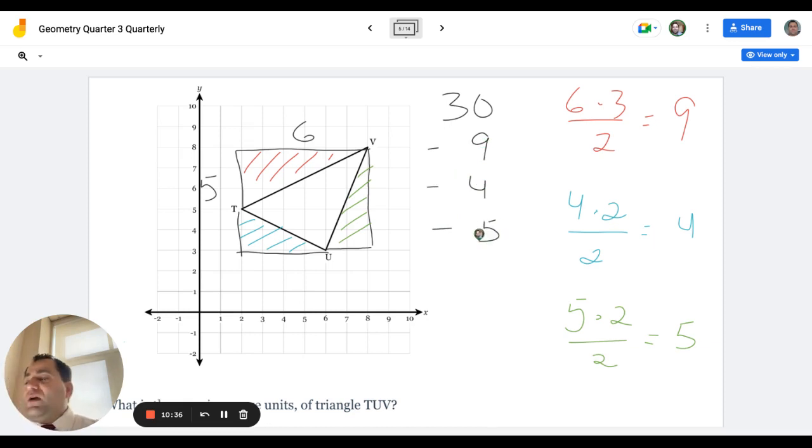So 5 and 4 is 9, 9 and 9 is 18, 30 minus 10 is 20, 20 minus 8 is 12. So 12 is our area. Why don't you go ahead and give that area problem a try.